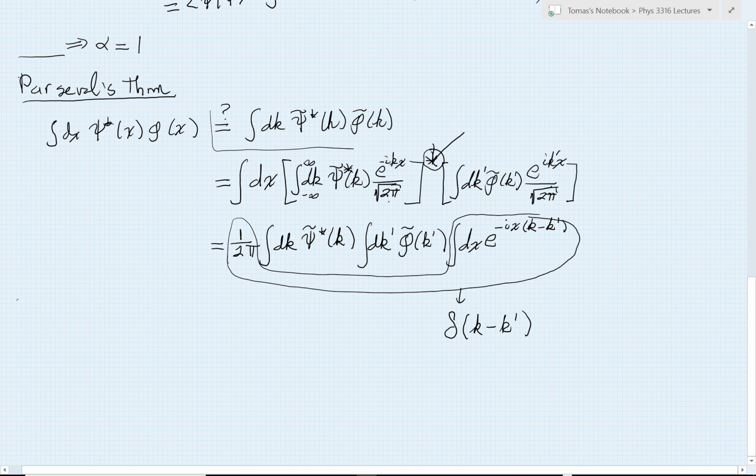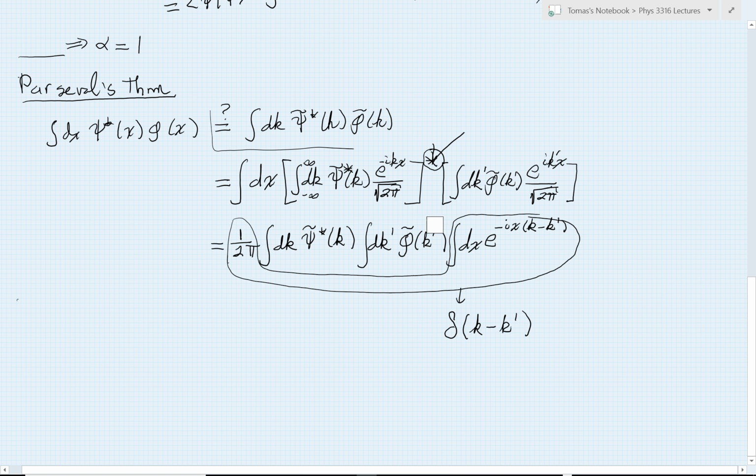Now, what's next to do is this integral on dk prime. Very conveniently, the integral on dk prime is just a smooth function times a delta function. So we've discussed how to handle this. As a function of k prime, this delta function has its peak when k prime equals k, and otherwise the delta function gives me 0.